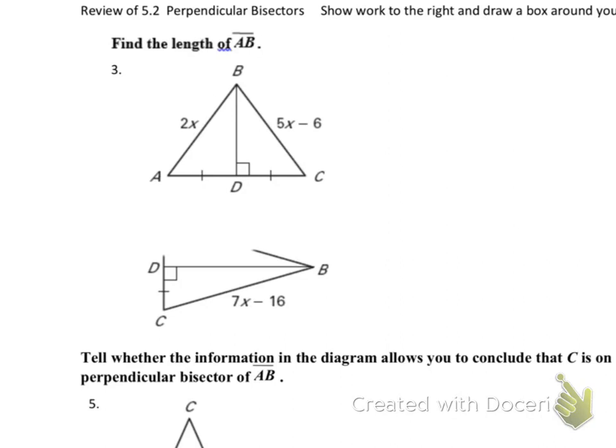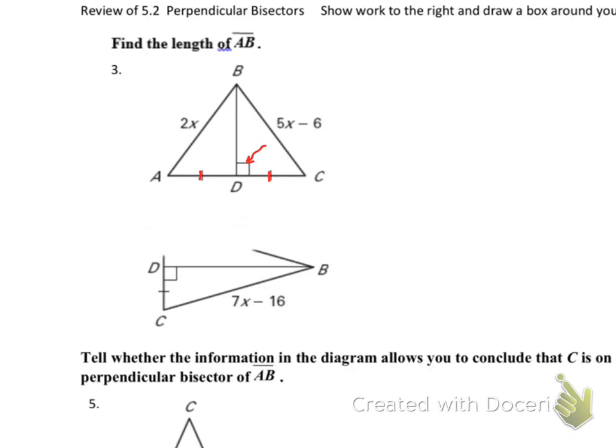Okay, so it's doing two things. One thing that it's doing is making the perpendicular, that means it's a right angle, and the second thing it's doing is being a bisector. So that makes BD a perpendicular bisector.